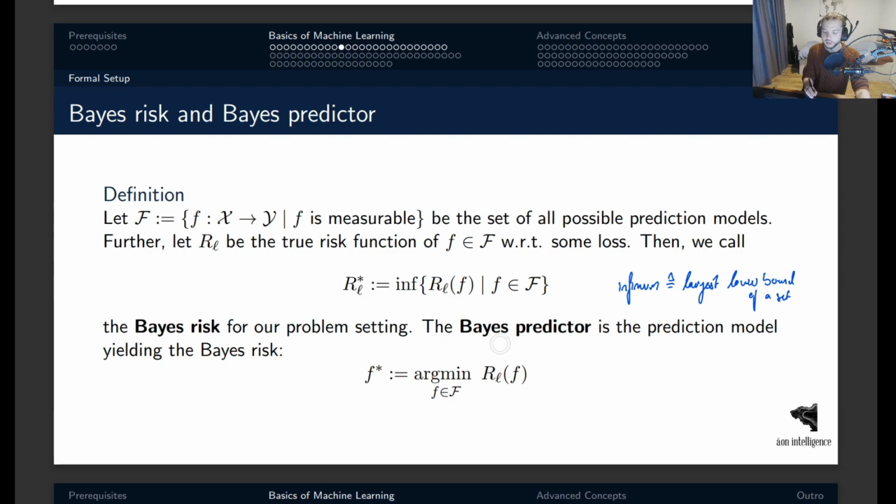And the Bayes predictor, another term that we introduce, is the prediction model f yielding the Bayes risk. So a prediction model f star that minimizes the true risk, right? So this is what happens here. We call it the Bayes predictor. And this is the model that we want to find.